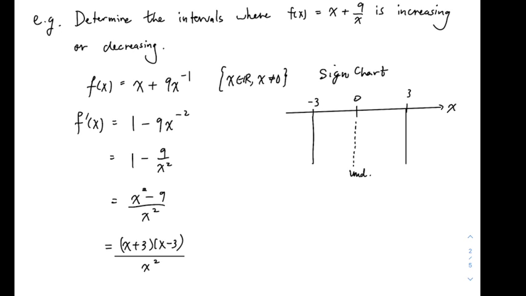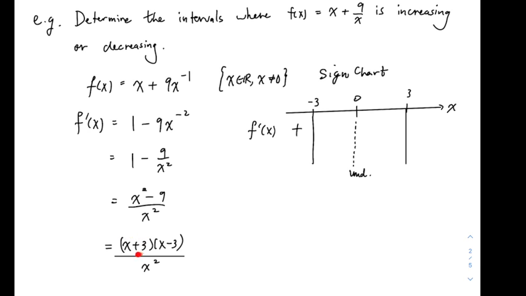Okay, so let's mark in the derivative, and let's determine whether the derivative is positive or negative in these intervals. First we have to check to the left of negative 3. We can try a negative value like negative 100. Negative 100 makes this negative, makes this negative. This will be positive. So overall, we have positive. Between negative 3 and 0, we can try maybe negative 2.